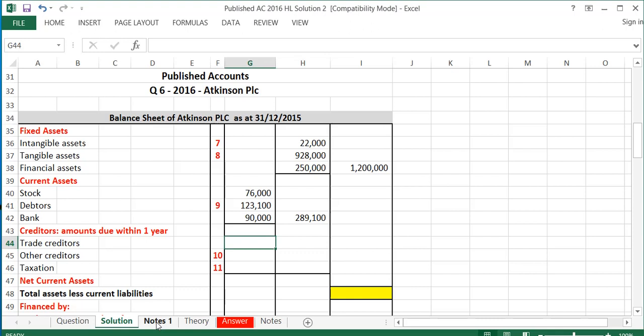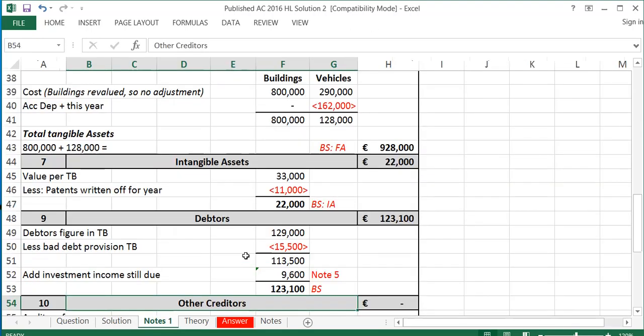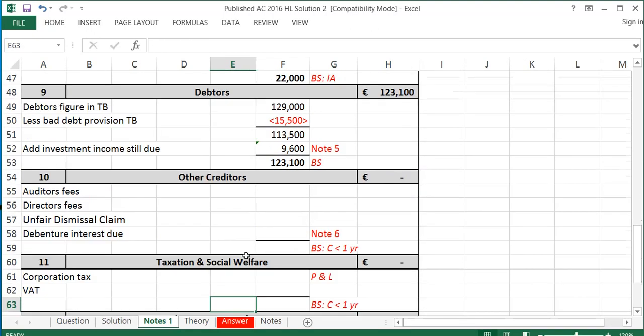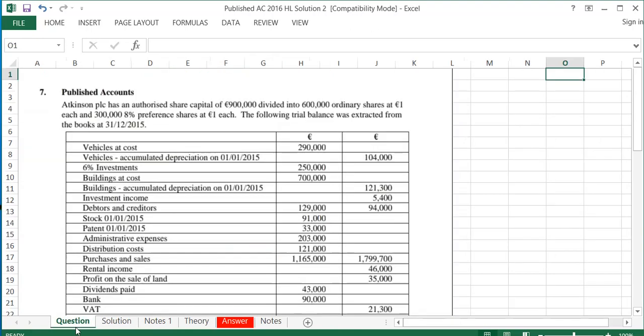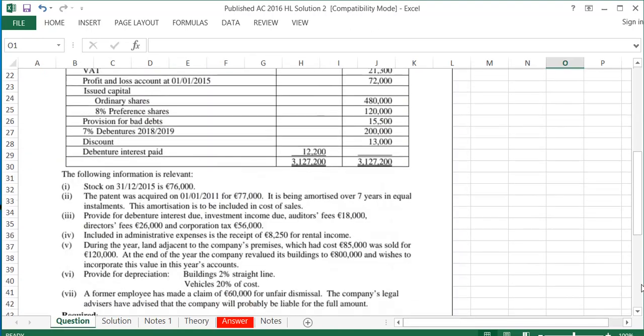So the first thing that will go in here are trade creditors. My trade creditors I can take directly from the trial balance, 94,000. There's no change to those. Other creditors, I need to do a note on other creditors, note 10. The people that I still owe money to, well, the auditor's fees and the director's fees that I had to provide for in note 3, I think it was.